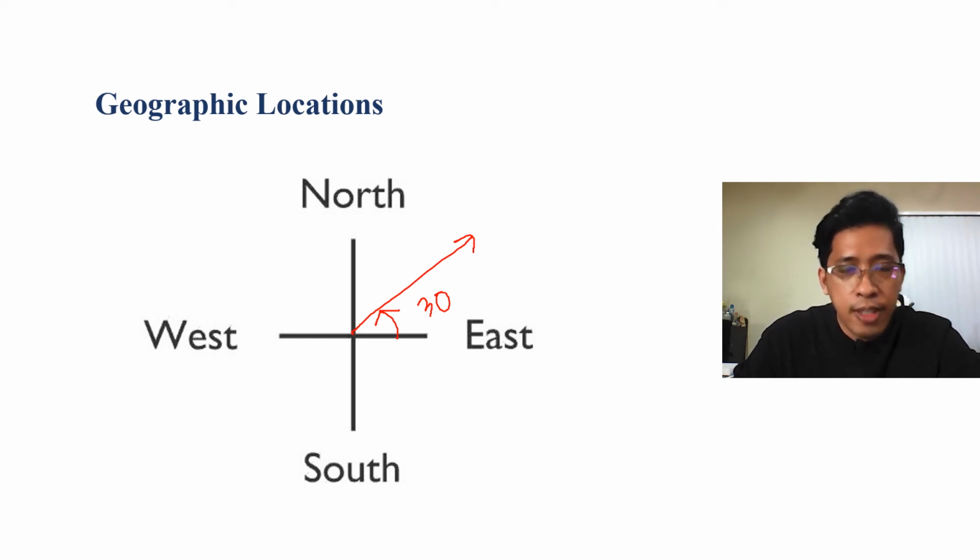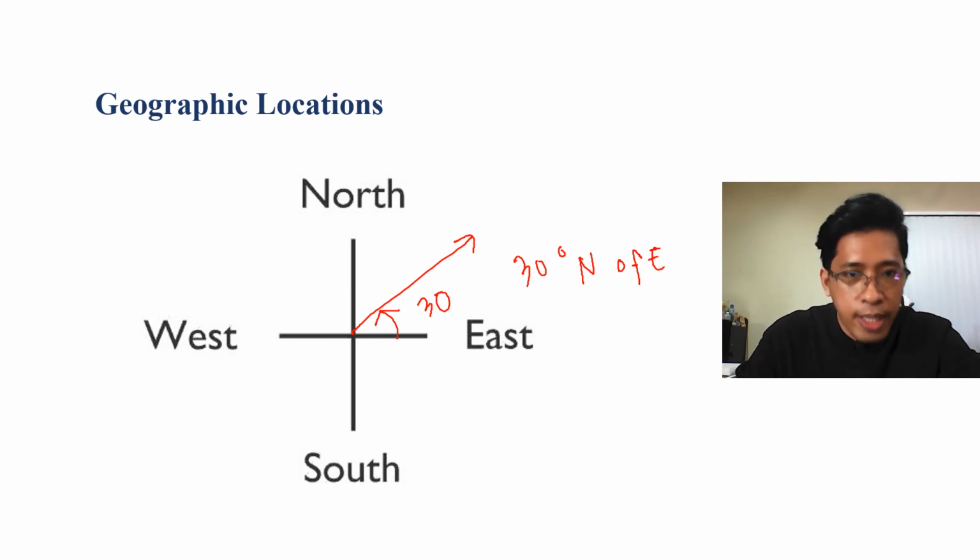So you're going to read the direction for this one as 30 degrees north of east because it is measured from your east towards your north. So that is the north of your east side.